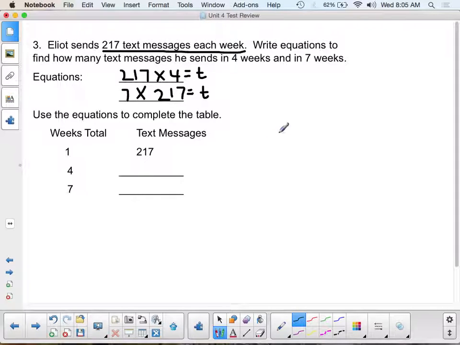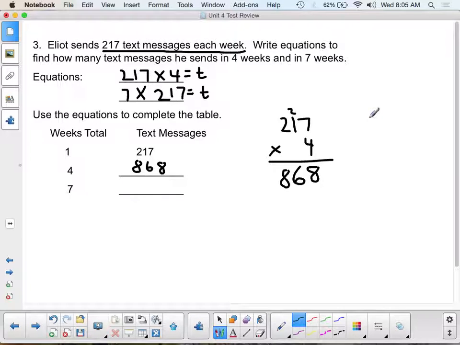So using my equation above, I'll take 217 and multiply it by 4. 4 times 7 is 28. 4 times 1 is 4, plus 2 is 6. 4 times 2 is 8. So in 4 weeks, he sends out 868 text messages.